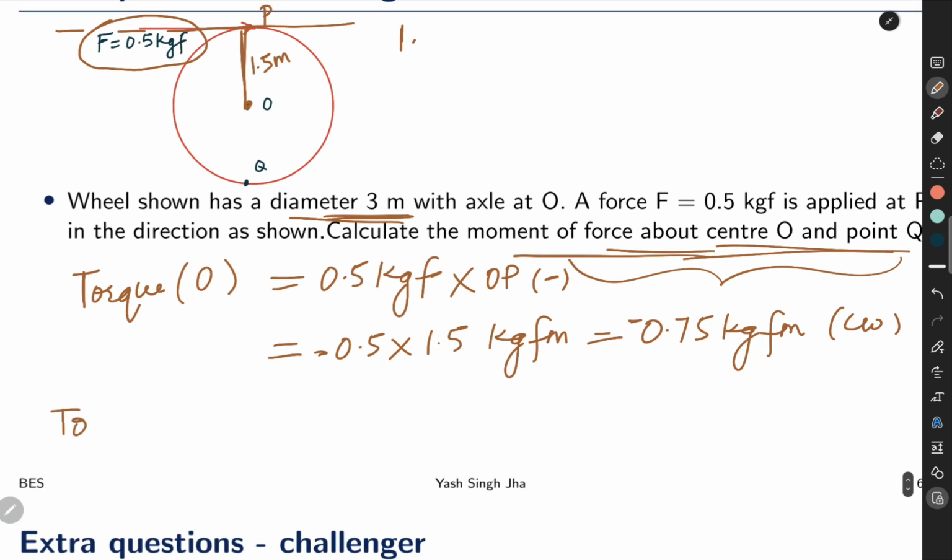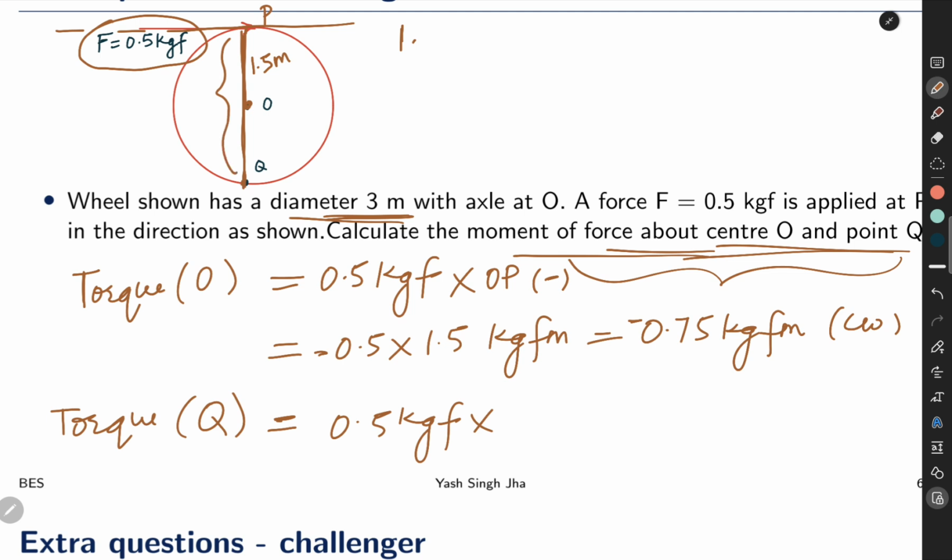Torque about point Q means Q is the point of rotation. So the force is the same thing, 0.5 kgf times what distance? About point Q, this is the distance we are concerned about. D is the distance from the line of action of force to the point about which the torque is being calculated, the center of rotation.